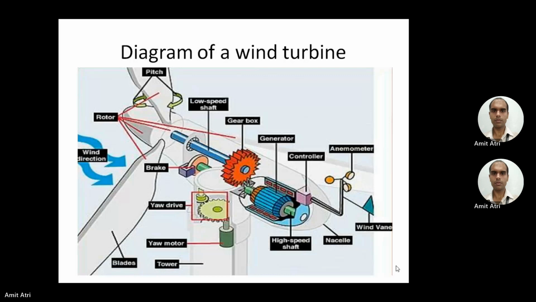Okay, another thing, the yaw drive. A part shown here is the yaw drive. That is usually made to adjust the position of the turbine, so that the maximum wind cuts the blades and maximum energy is obtained.